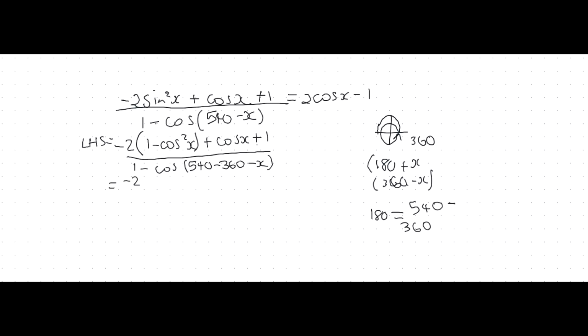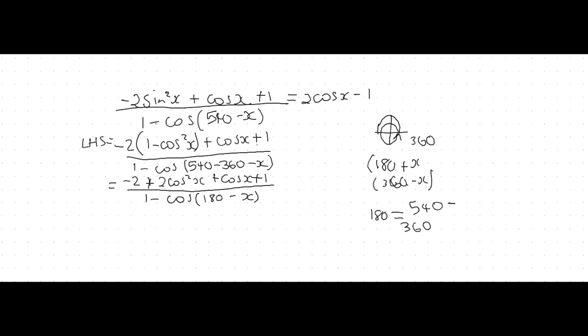Minus 2 times minus cos squared x gives a plus, because we're multiplying a negative and a negative. So we have minus 2 plus 2 cos squared x plus cos x plus 1, divided by the denominator. We showed that 540 minus 360 is equal to 180, so I can replace that with cos of (180 minus x).